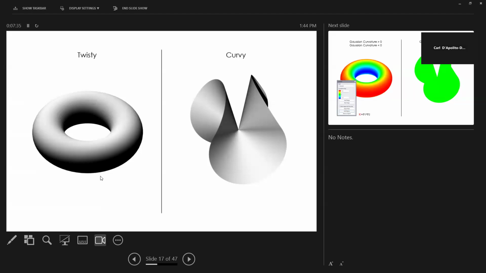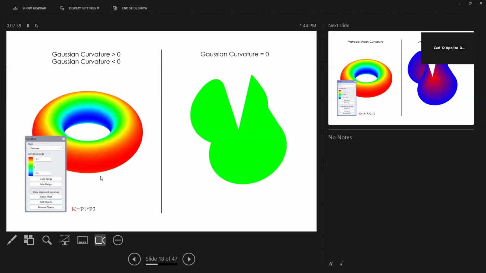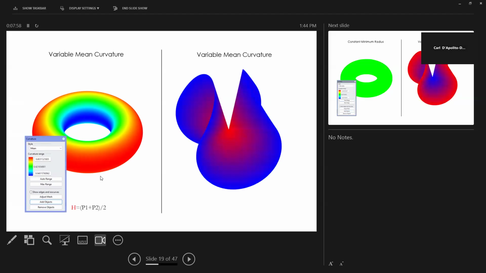Okay, and so then that is what it means for the Gaussian curvature. Gaussian curvature of 0 means that it is just curvy or flat. It's either a plane or flat, and Gaussian curvature of greater or less than 0 means that it's twisty. You can't unroll it. Mean curvature is different.